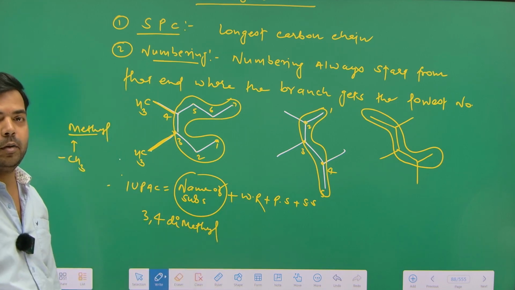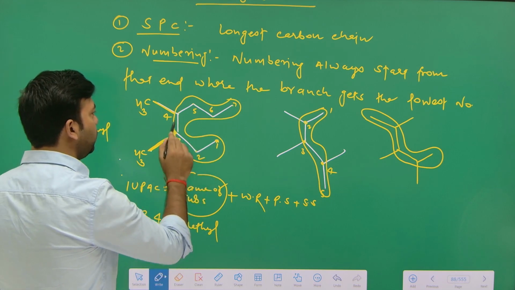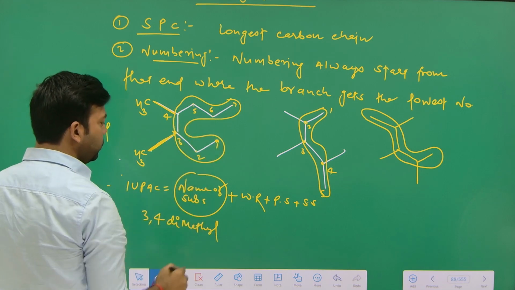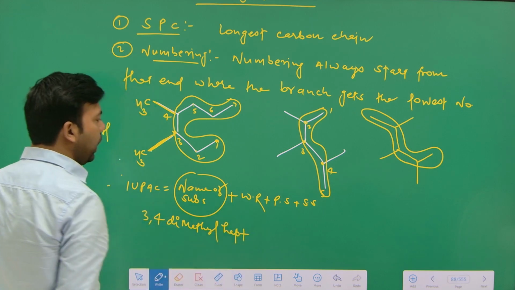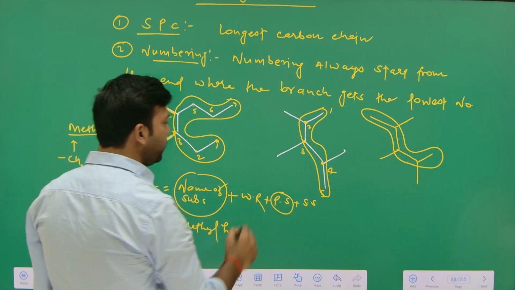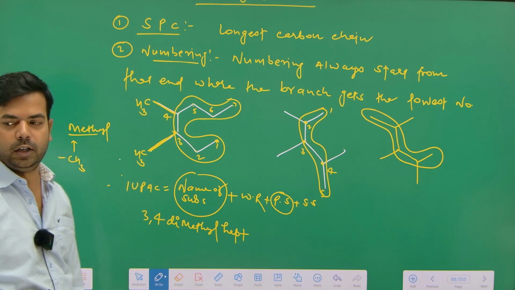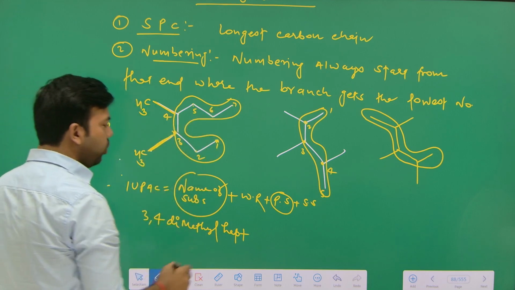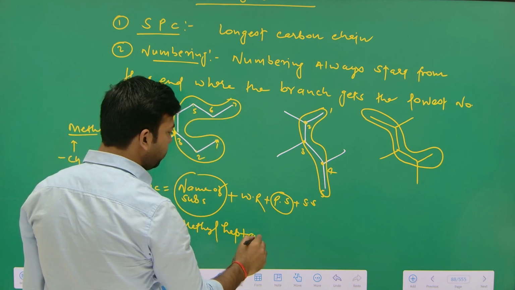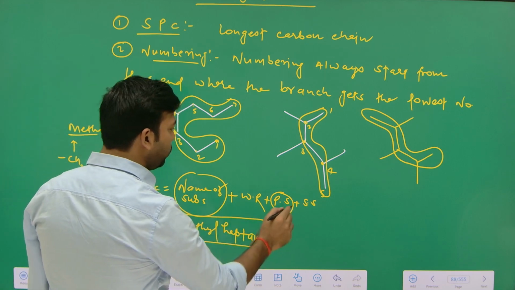Number of carbons in the parent chain. So how many carbons do we have? 7. 1, 2, 3, 4, 5, 6, 7. So we can use hept. And after that, primary suffix. Primary suffix is what? An, en and yne. An means single bond, en means double bond, and yne means triple bond. So this is a pure single bond, so we can say heptane. Clear? So this is the name of this compound, and there is no secondary suffix. Secondary suffix means functional group.